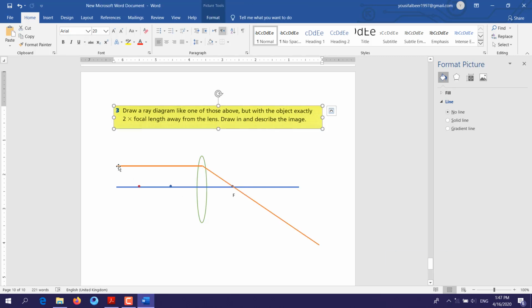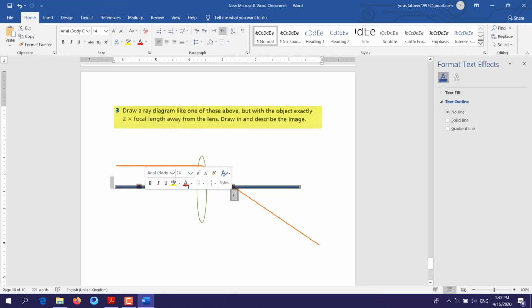Next step, we will draw a line that shows a ray. As we mentioned before, the ray is always parallel to the principal axis. So the orange line, which represents the ray, should always be parallel to the principal axis, the blue one.